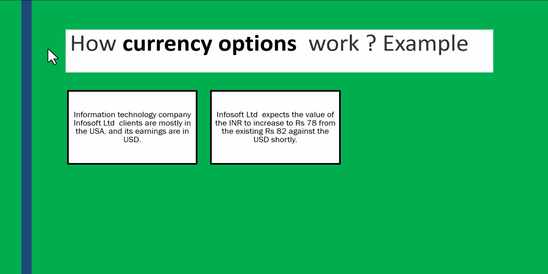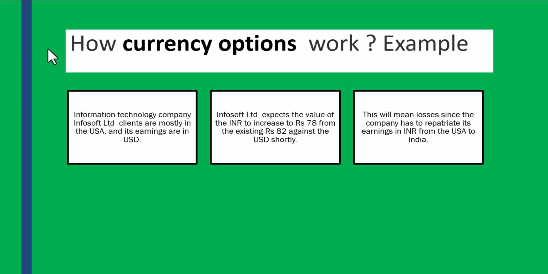When you earned, the money was 82 rupees, but when you are bringing the money now, it's 78, so you're going to have a loss of 4 rupees.